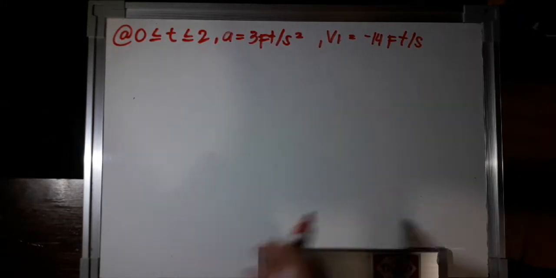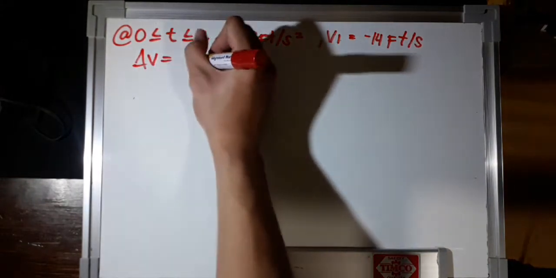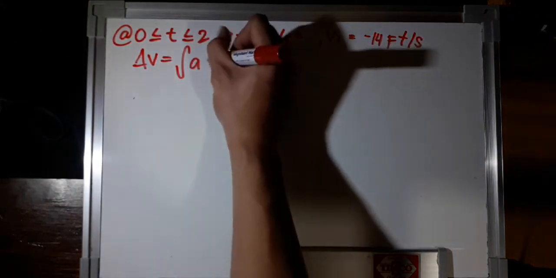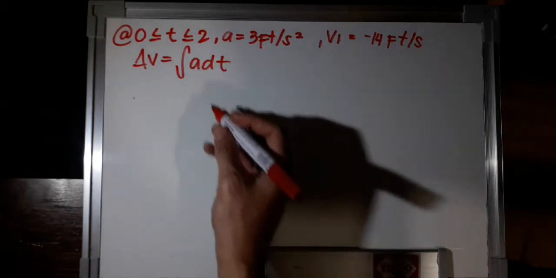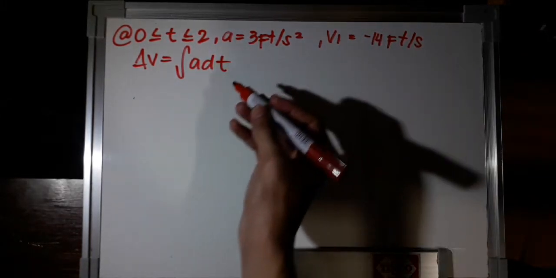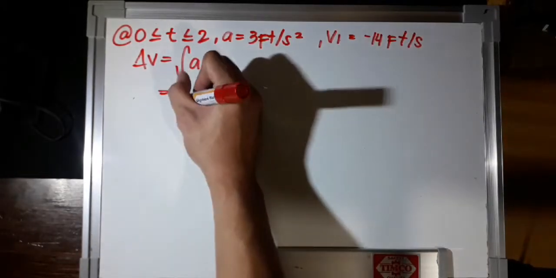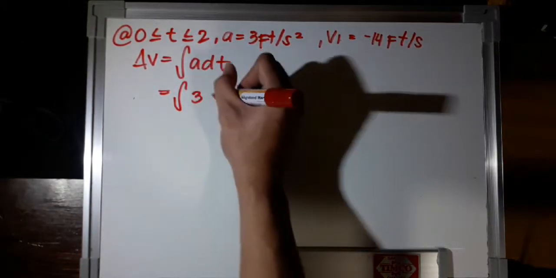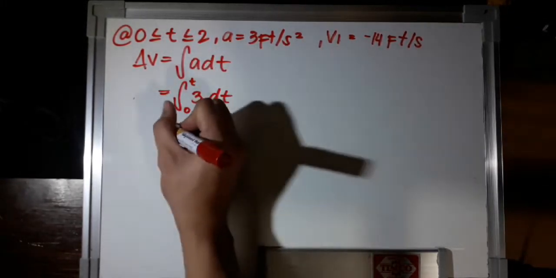The formula that we are going to use is the change in velocity, which is the integral of a dt. Since we have a given acceleration, we are just going to substitute the value of a. So the integral of 3 dt, limited from 0 to t.